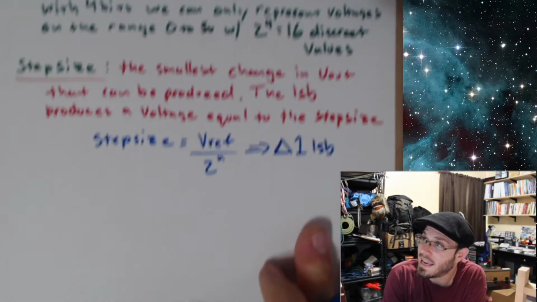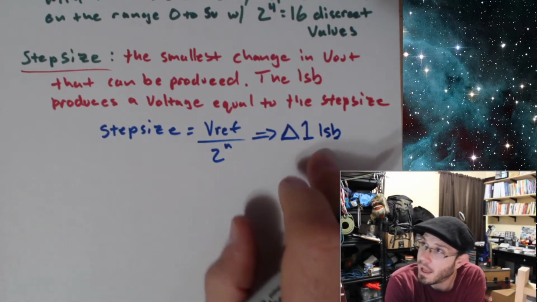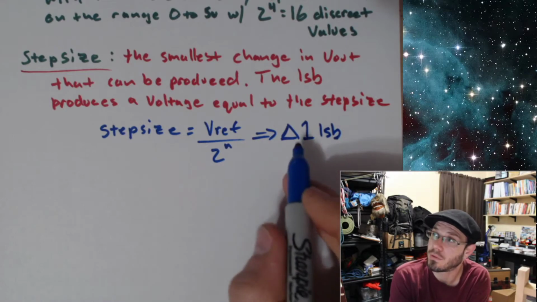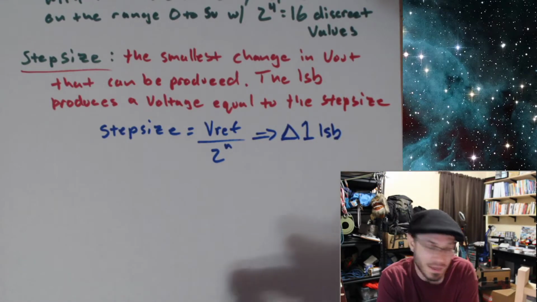And this is the change in voltage that is produced by one least significant bit, or change in one LSB.